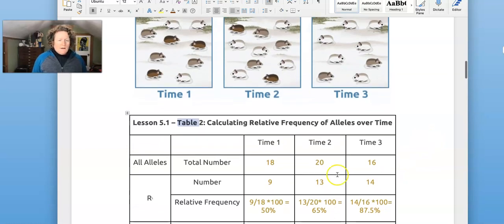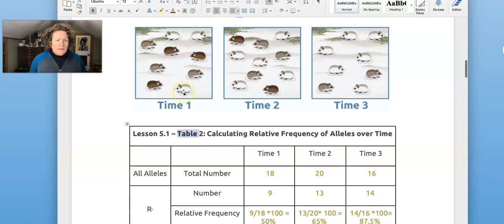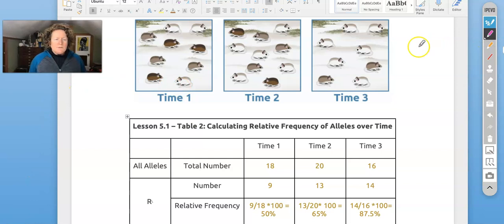So now let's look at our light. So to figure out the number of light alleles, let's find the light mice first. So we know each light mouse has 2 alleles. So that's 1, 2, 3, 4, 5, 6. So just to keep track of the number of alleles and make it easier, let's put a 2 on every light mouse to remind us there's 2 light alleles in the light mouse. And then we know medium mice have 1 of each. They have 1 dark and 1 light.